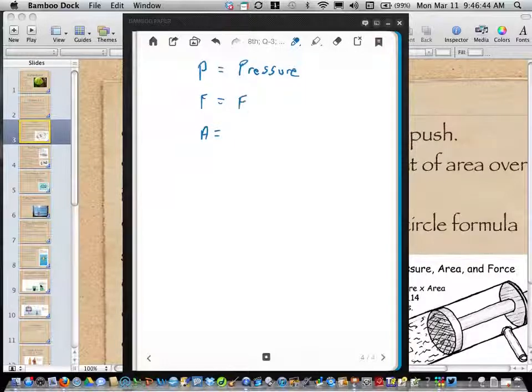F is equal to force, measured in newtons. And A is area, and meters squared is the unit for that. Newtons is the unit for force. And the new unit for pressure is Pa, or pascals. And we'll get into that in just a second.